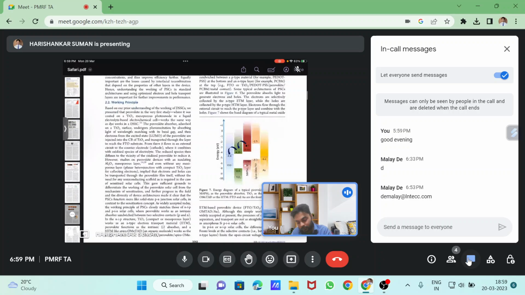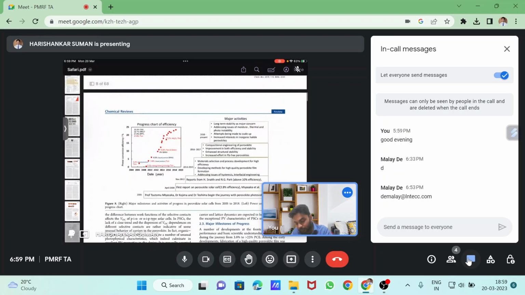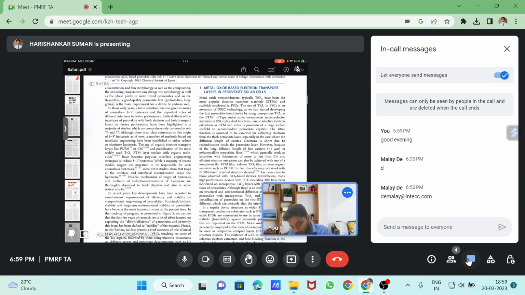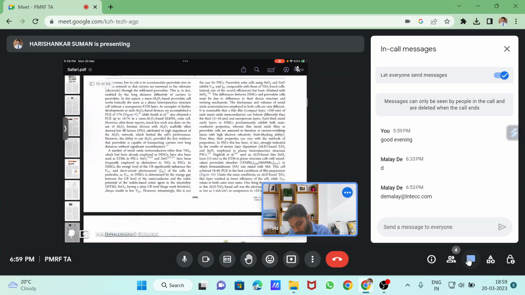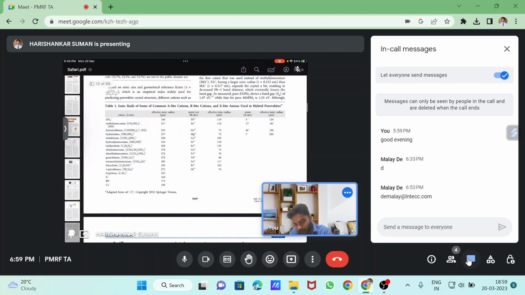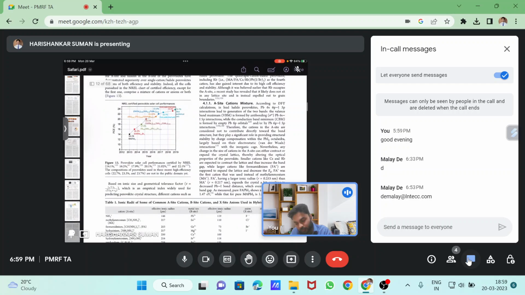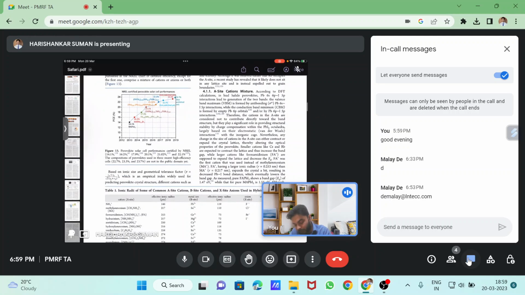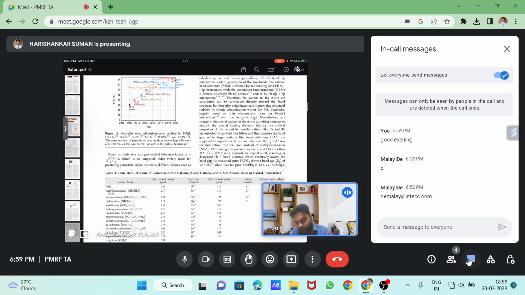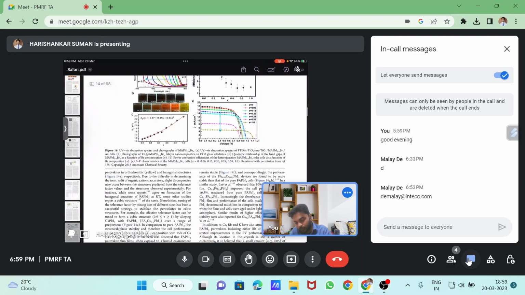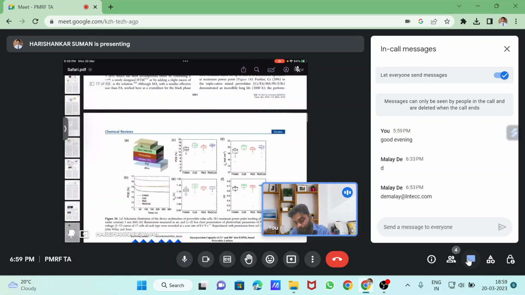How the perovskite solar cell works, and the improvements, with mixing at the A site and X site. What could be the A site elements for mixing, the B site and X site. So this is a nice review.